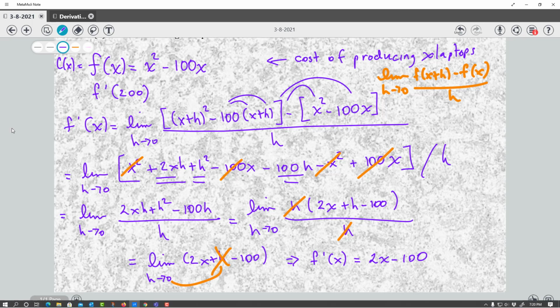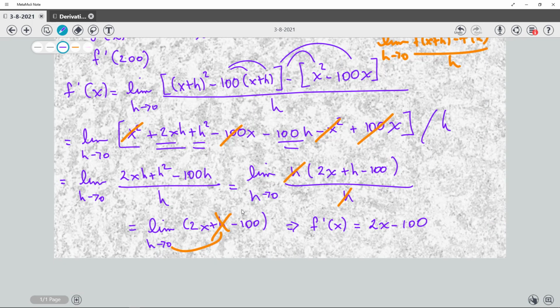So this is my function that I can now plug any value into. What we asked for was f prime of 200. So if I plug in 200, 2 times 200 is 400, minus 100 is 300, which would be the approximate cost of producing one more item.